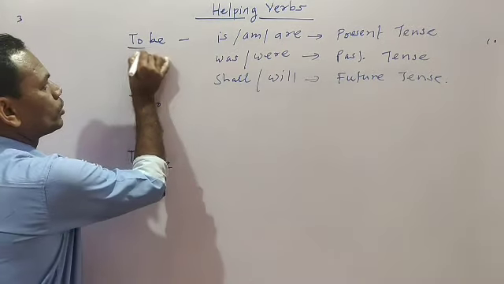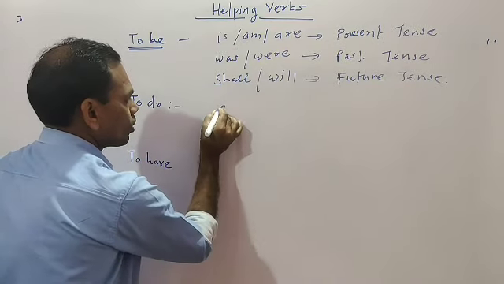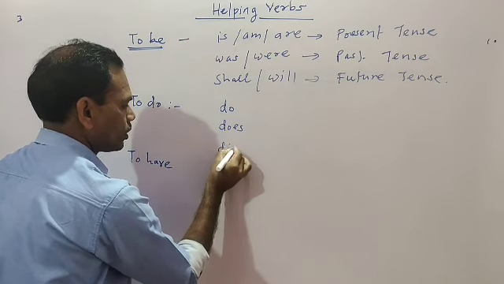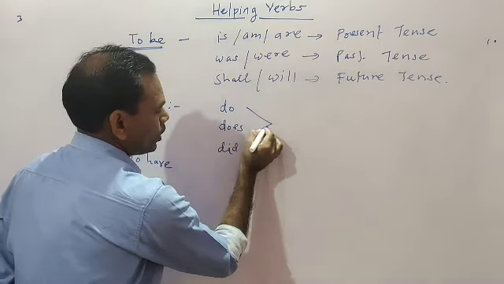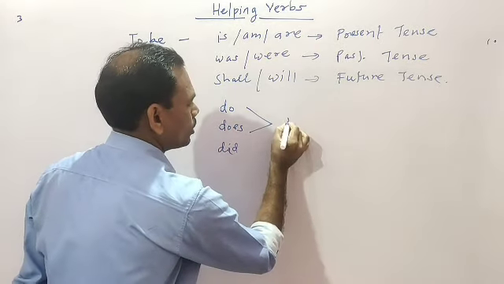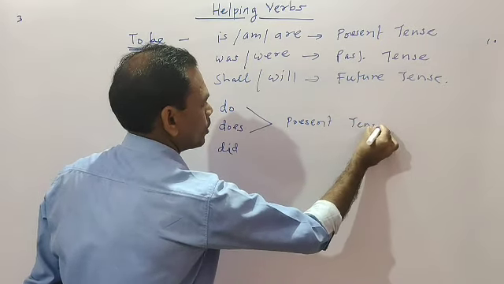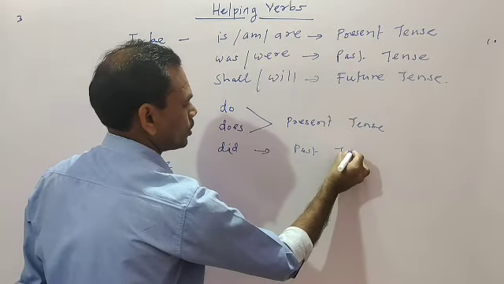So these are the to be helping verbs. Then to do: do, does, did. Do and does are used in present tense, did is used in past tense.